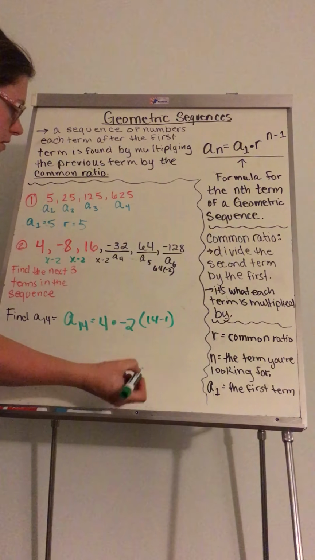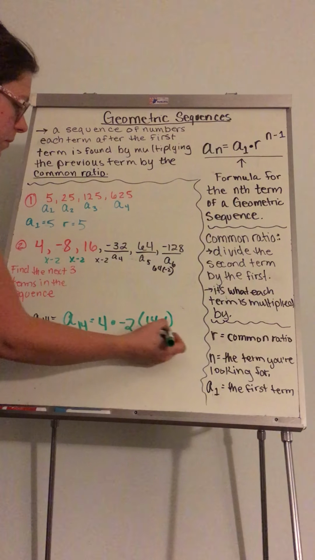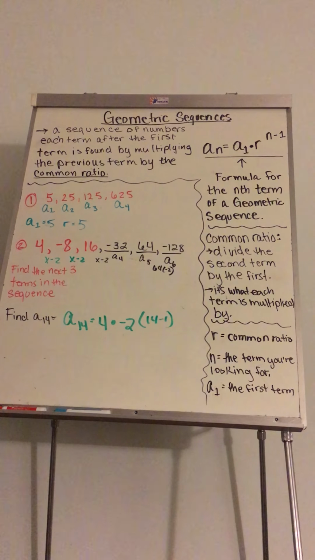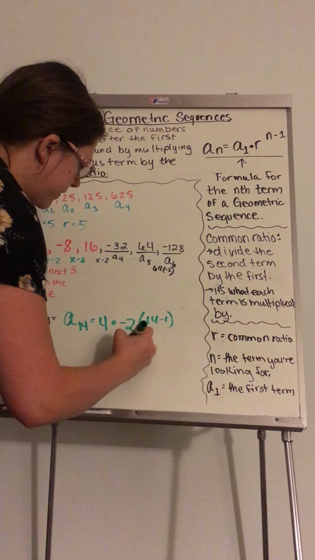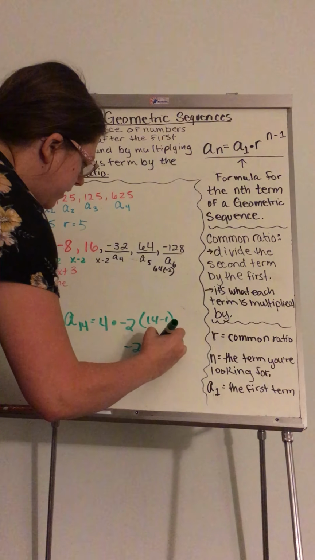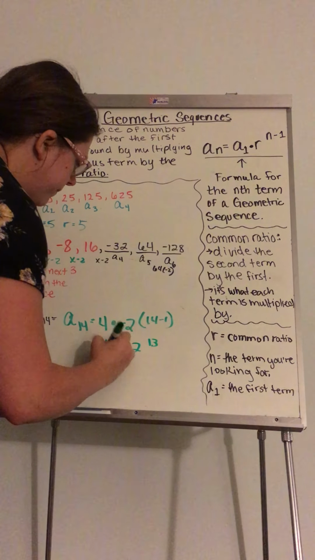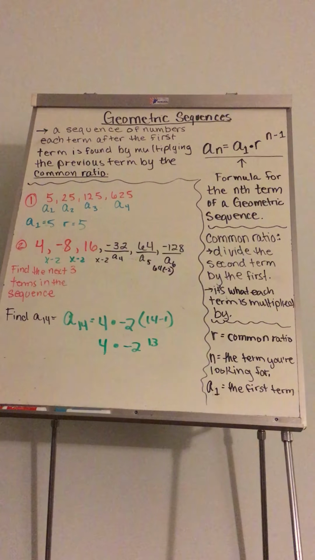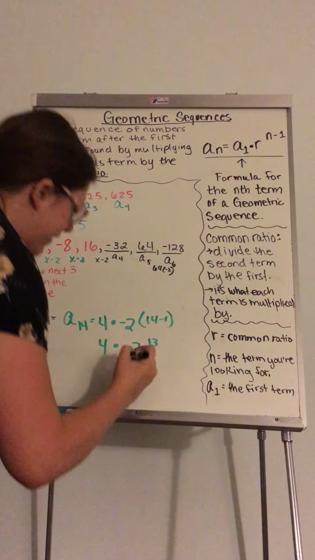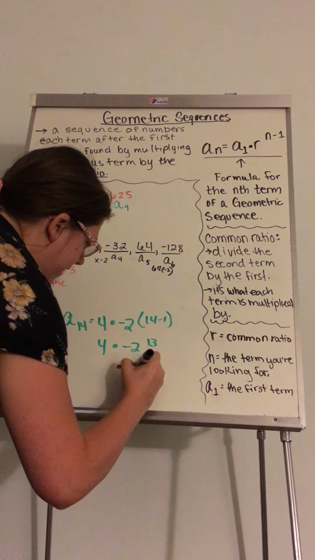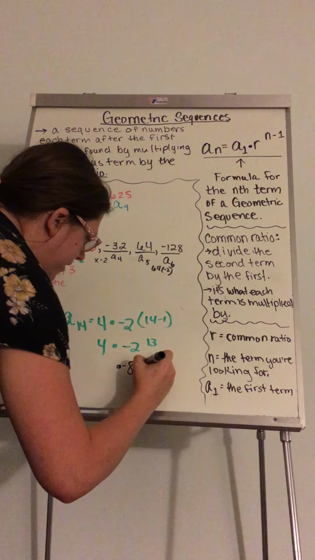Okay. So then I'm going to simplify this part because of order of operations. I do parentheses first. I'm going to do 14 minus 1, which is 13. So I have negative 2 to the 13th power times 4. And then negative 2 to the 13th power is a big number. It is negative 8,192.